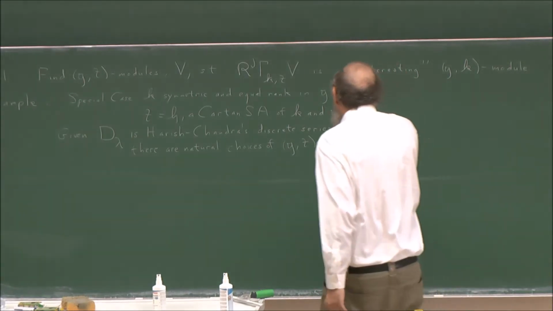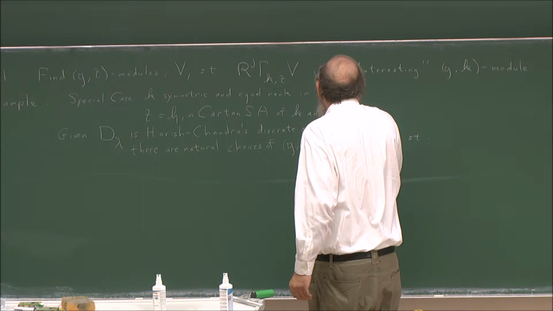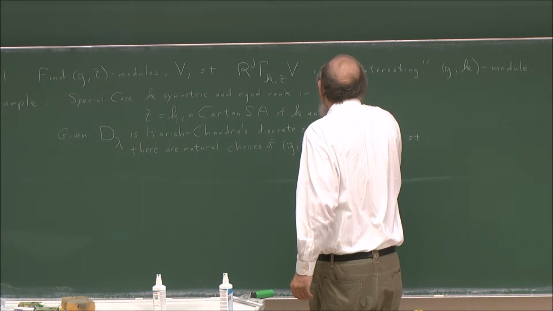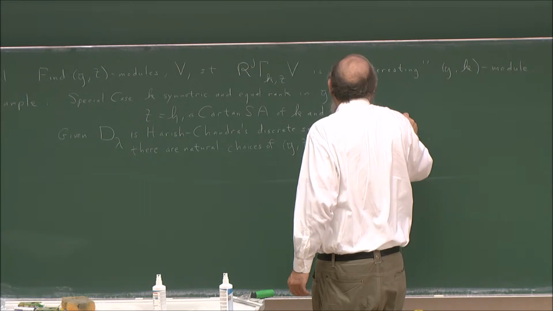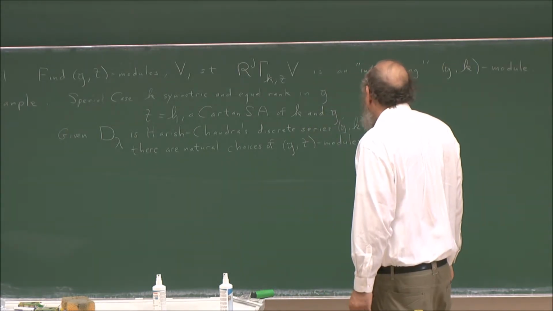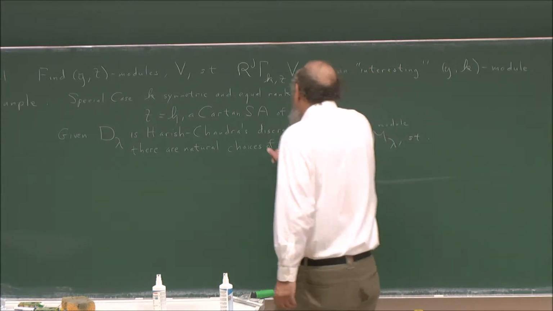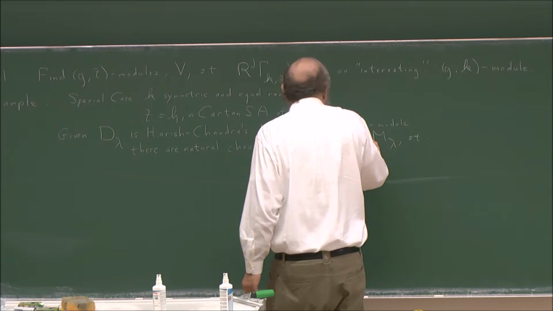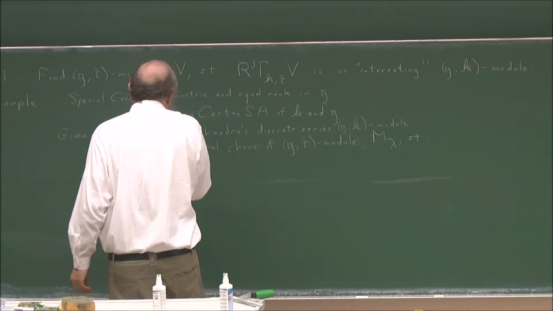So let's say discrete series GK module. So there are natural choices of GT modules. Well, let's make this a singular one.